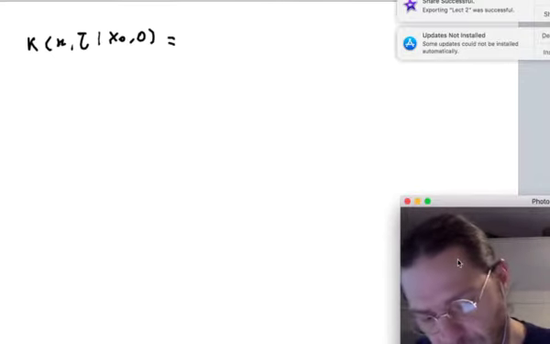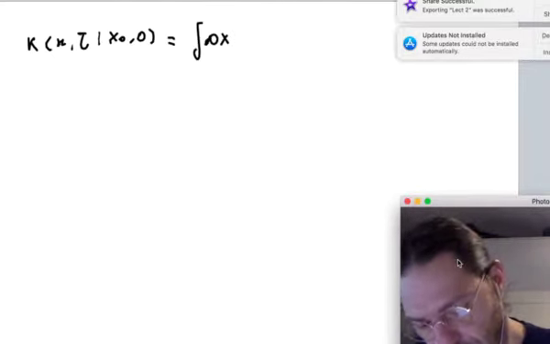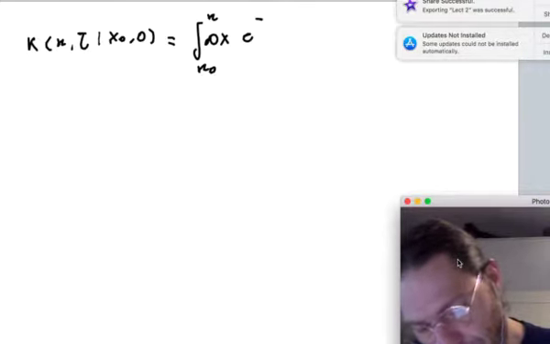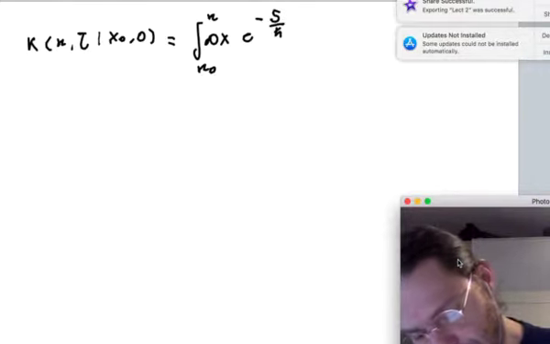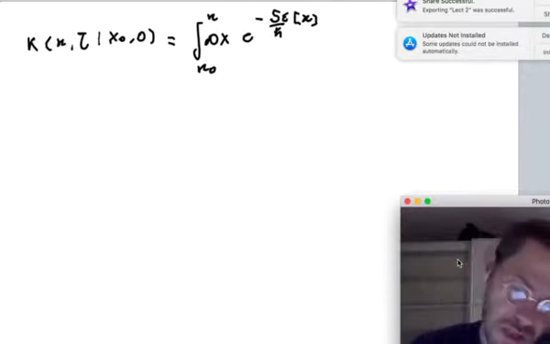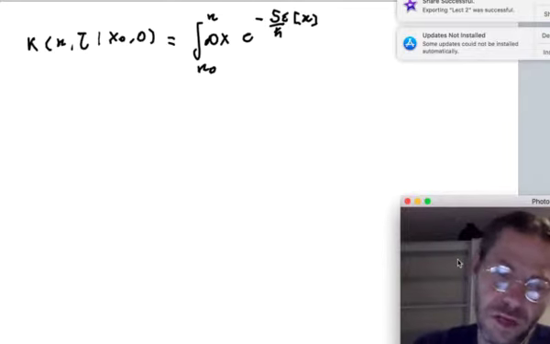And we know this propagator in imaginary time can be written as follows, where S_E is the Euclidean action of the path, and let's suppose we can evaluate this by Monte Carlo.